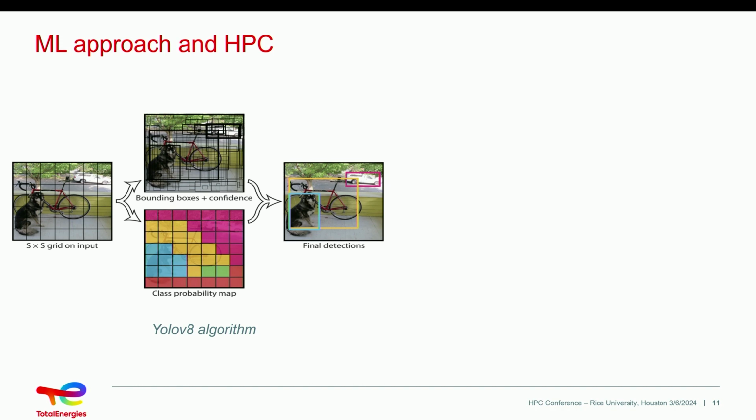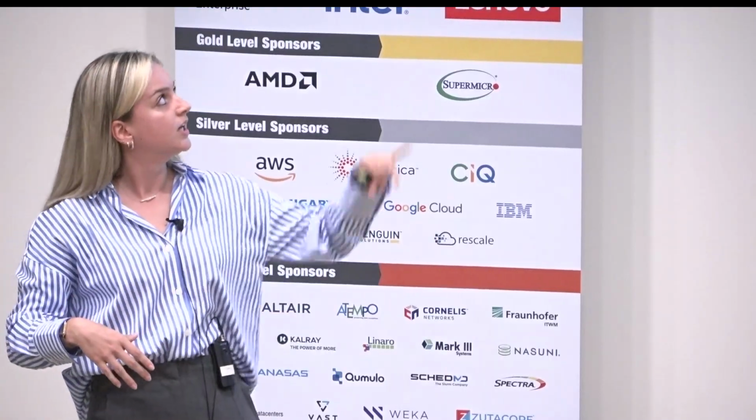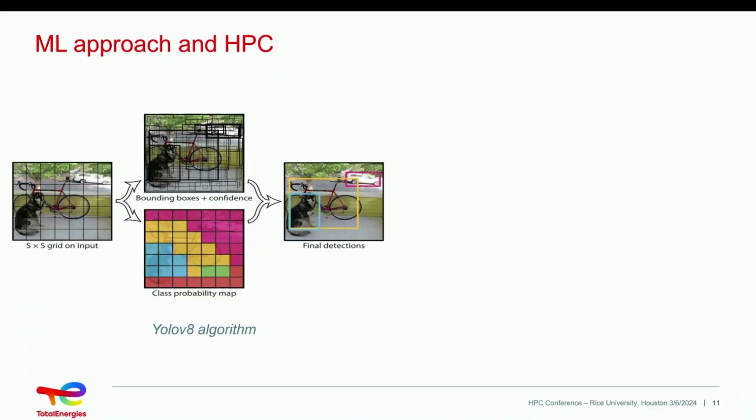As you can see, it will create a grid on the image, find the objects, try to draw some bounding boxes around the objects, and then construct the image, and it will give some bounding boxes with some confidence scores. Plus, it will also give a class probability map, to tell you what type of objects are in the bounding boxes.